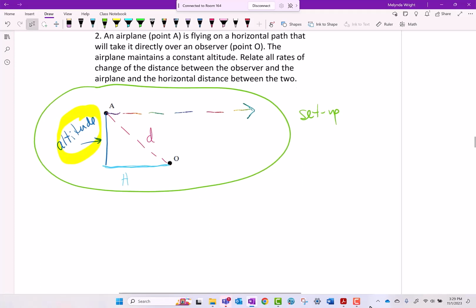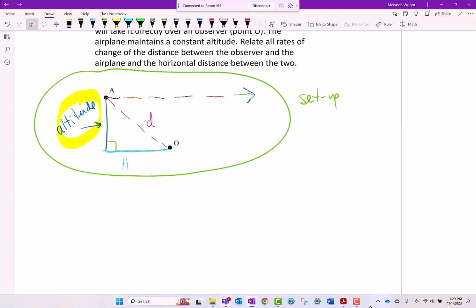Nicely, it's a right triangle, so let's utilize the Pythagorean theorem. I'm just going to write altitude squared, whatever that number is, plus H squared equals D squared. That's my step 4, writing the equation that will relate all of the variables together.